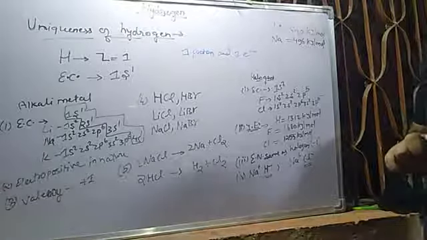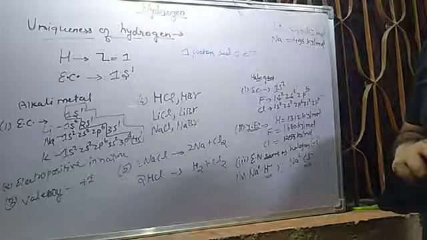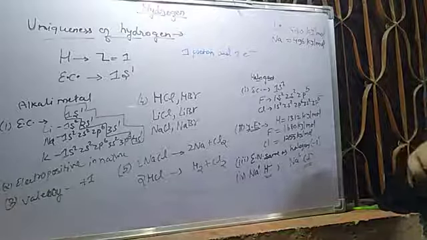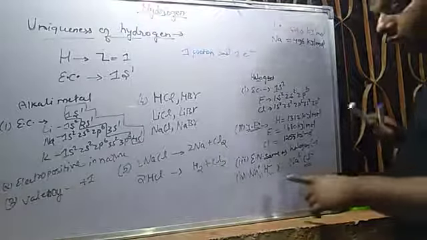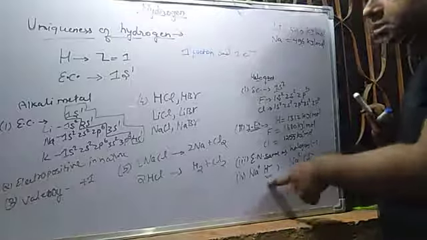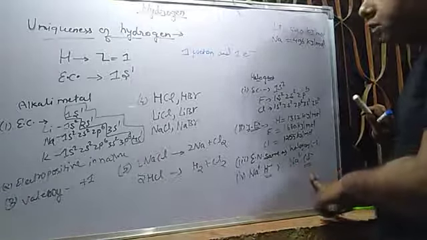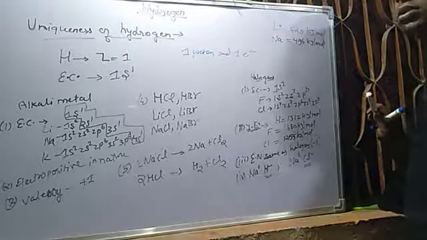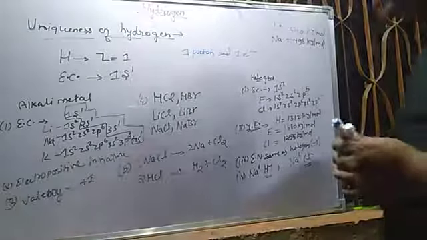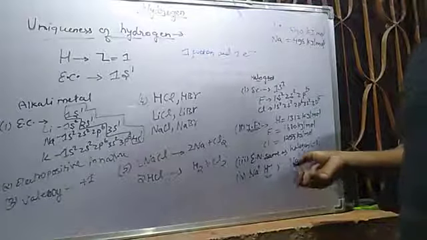The last one is the liberation at anode. At the anode, H- is liberated in the case of hydrides, and Cl- is liberated in the case of halides. So the liberation at the anode, or the electrolytic reaction, is also the same as that for halogens.